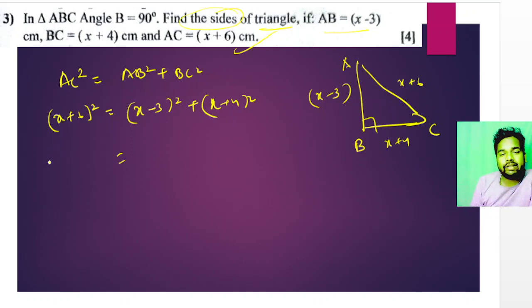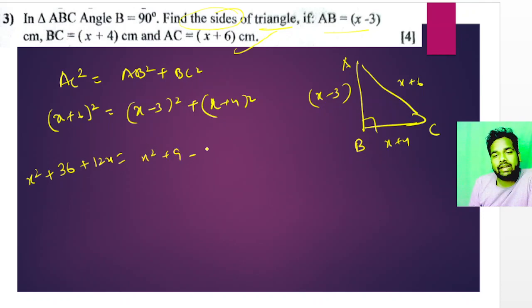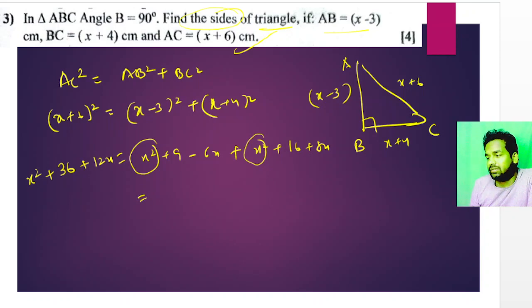So we apply here x square plus 36 plus 12x. Now you can apply here also x square plus 9 minus 6x plus x square plus 16 plus 8x. Since it is x square here and x square here, it is going to be 2x square.